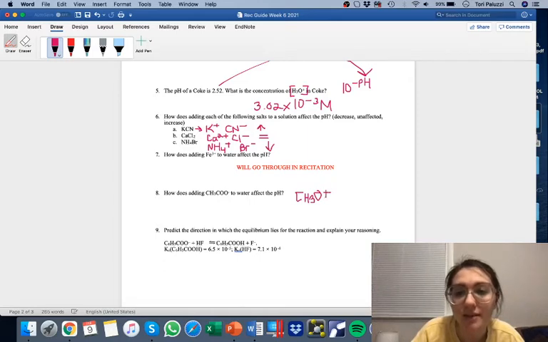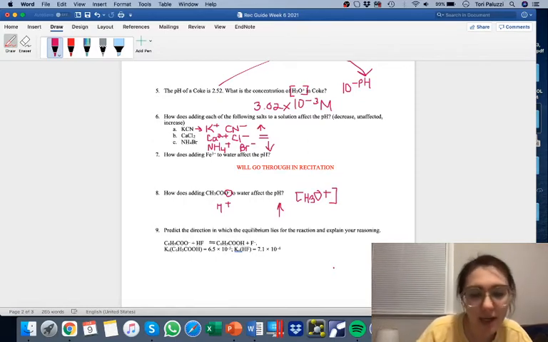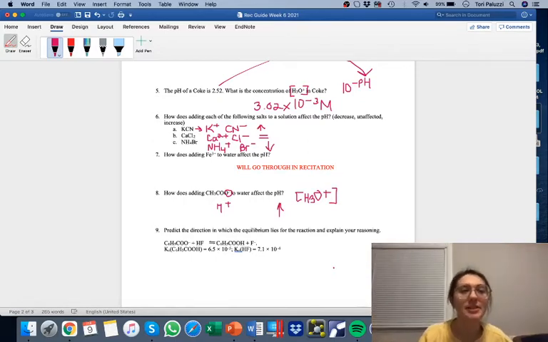If I'm going to add something that has a negative charge on it, that's definitely going to attract H+ ions to it and take up H+ ions. By adding something with a negative charge, it's going to take hydrogens out of concentration, lowering the concentration of hydronium ions, and in doing so, overall increasing the pH.